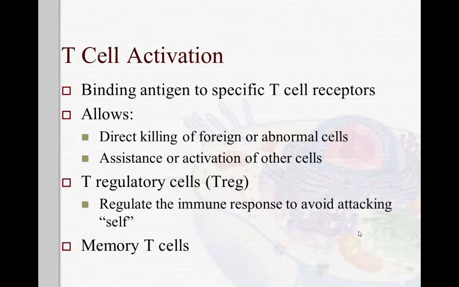So they regulate the immune response to avoid attacking the self, but recognizing the non-self and killing it. Both antigen processing and presentation are necessary for the adaptive immune response to occur.